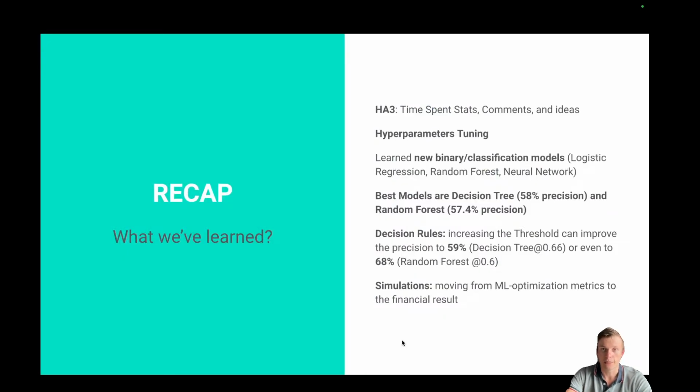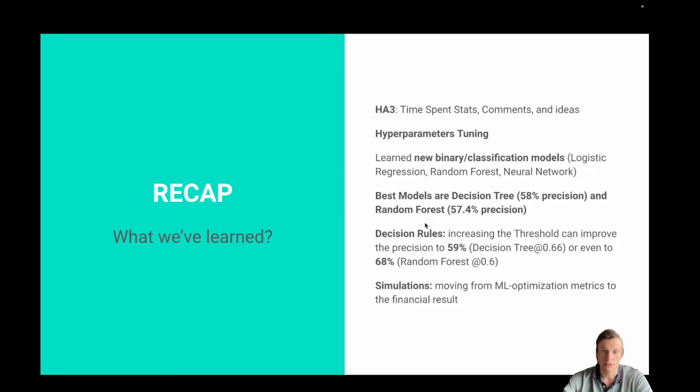So to recap, today we spent some time discussing home assignment number 3, and then we chatted about hyperparameter tuning. We learned about new binary and classification models like logistic regression, random forest, and neural network. Then we found best decision tree models and best random forest models with non-customized decision rules.